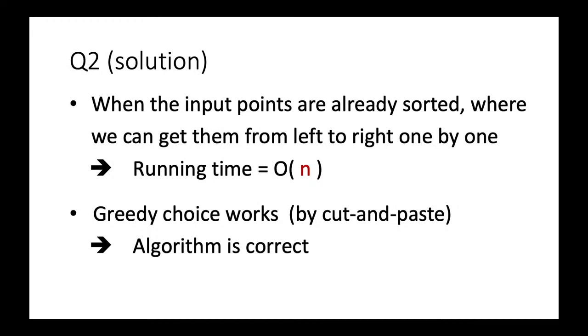So we focus on those algorithms that do the same thing as we do. After that, we are left with a subproblem of the same type, so we can solve this recursively.